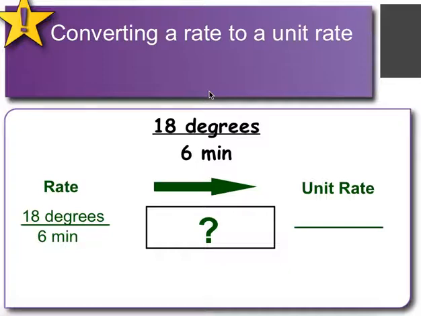We know we need to divide to simplify, so 18 divided by 6 is 3. That's one way: just divide the two numbers, and we end up with 3 degrees in 1 minute. The other way to think about this is as a fraction I want to simplify, so I need to do something to the top and something to the bottom. I could divide each of those by 6 and get 3 over 1.